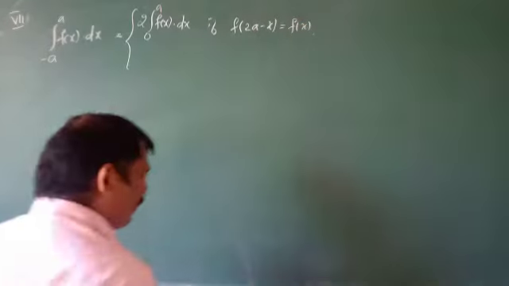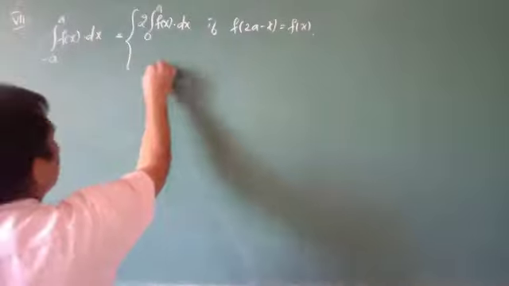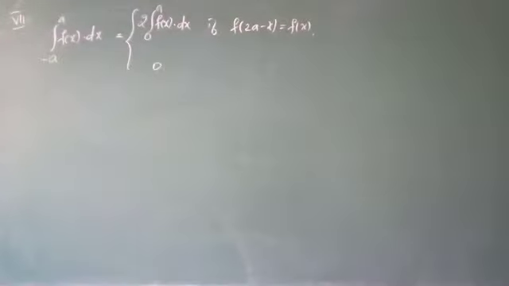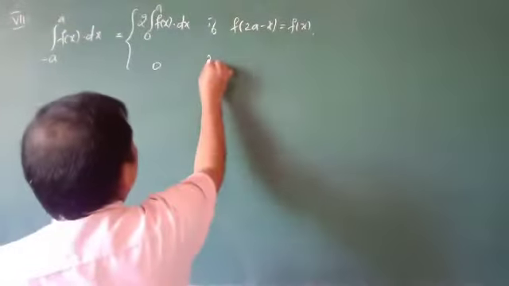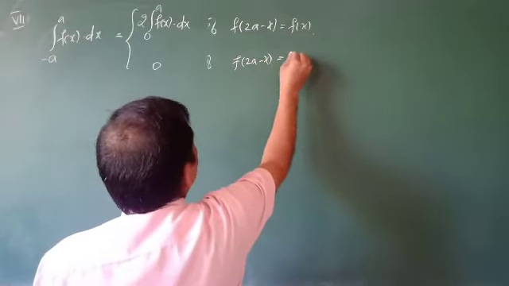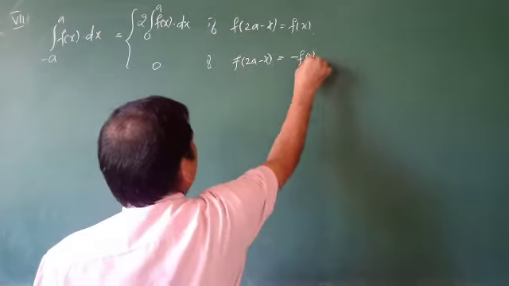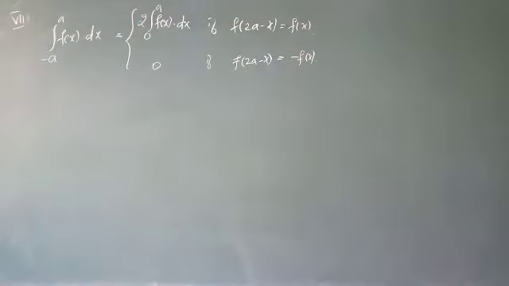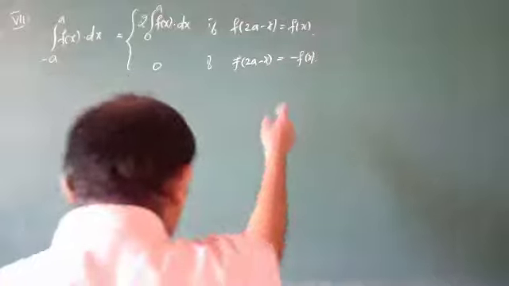And it is equal to 0 if f of 2a minus x is equal to minus f of x.